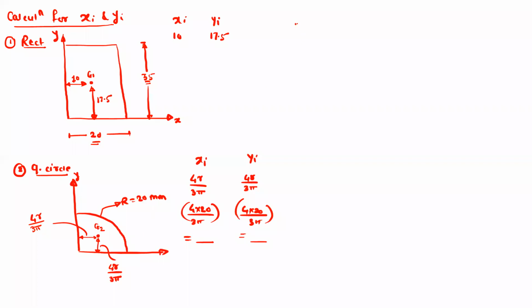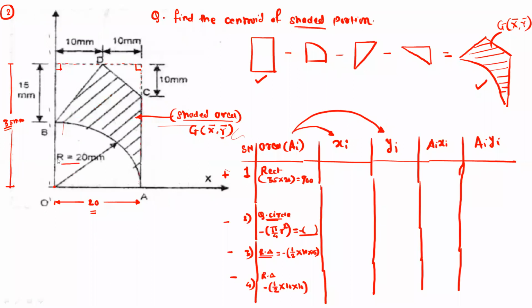Now next geometry. This is the right angle triangle. So this is the first right angle triangle. Base is 10 mm and this height is equal to 15 mm.